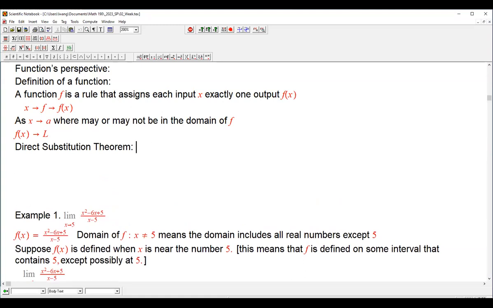It says if f is a function, that is a very special function.